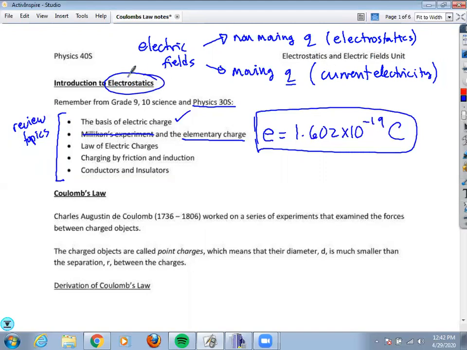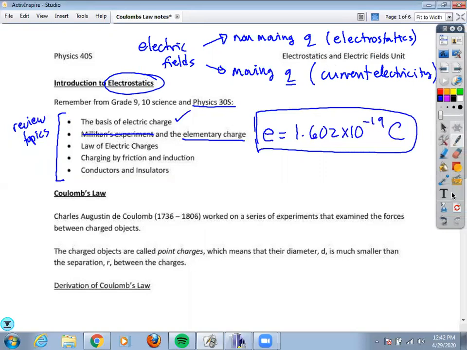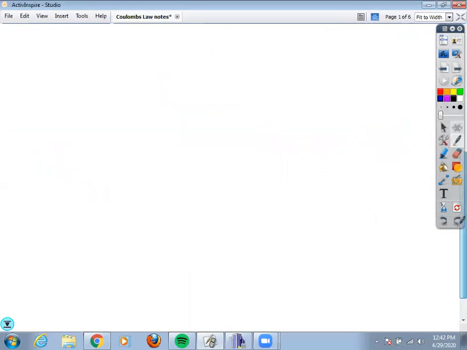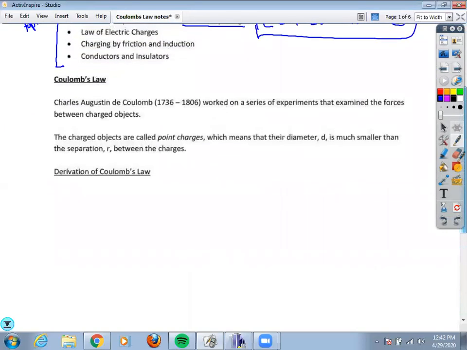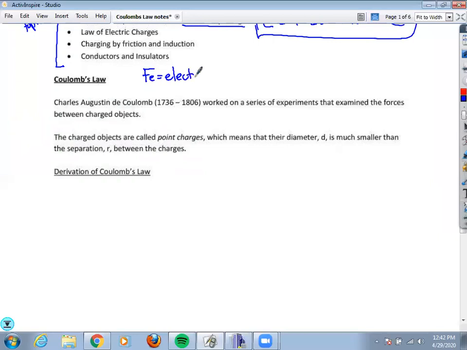So we're going to jump right in and get going here. And we're going to begin our first look at electrostatics, and that is the concept of FE, which is electric force, electrostatic force. So here we refer to Coulomb's law.